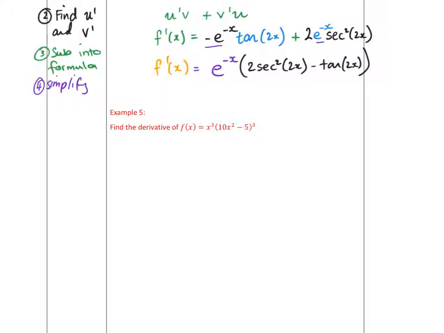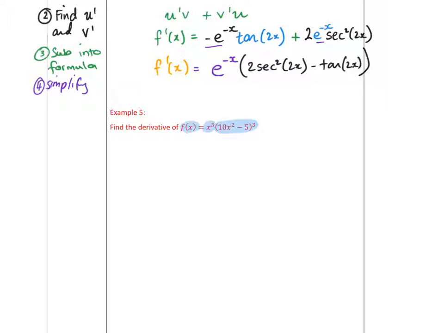We're being asked to find f dash of x, where f of x is equal to one function, x cubed, times the second function, 10x squared minus 5, all cubed. The way that this differs from the previous example is that we actually have to use a chain rule in order to find the derivative of the second.